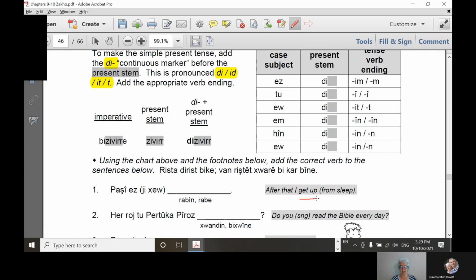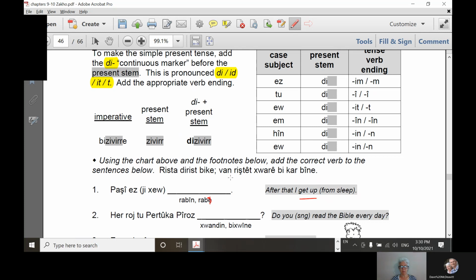So here's our get up. That's our verb. Here's our verb, Roba. So Roba is our imperative. So we're going to work with that. Roba does not begin with a bi, so we don't drop anything from the beginning of it, but it does end in an a. So we get rid of that a.